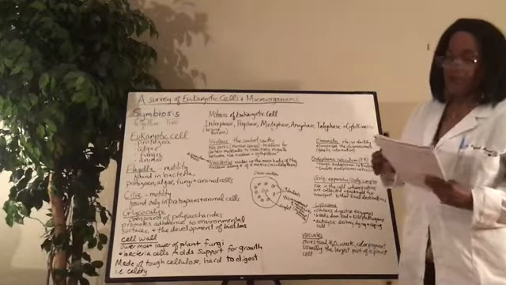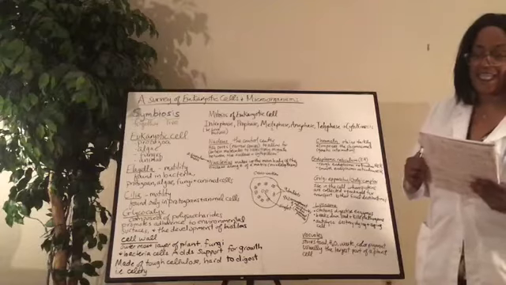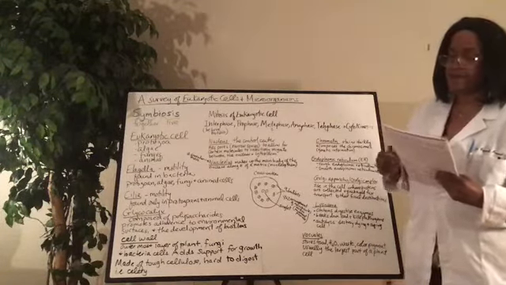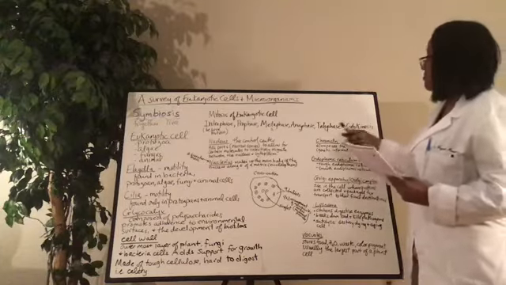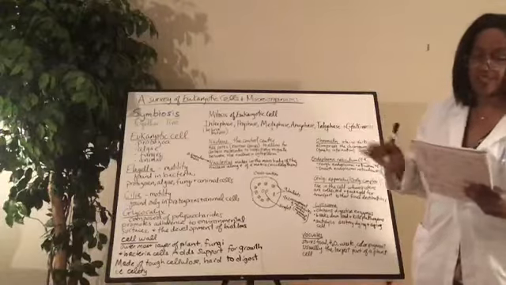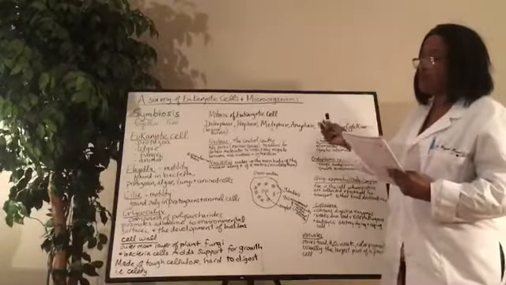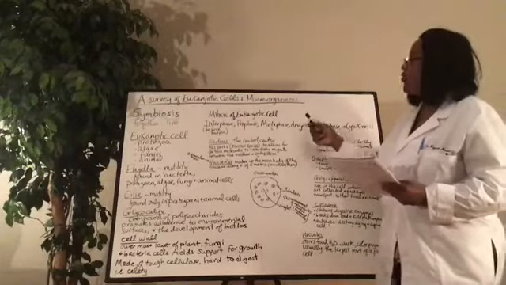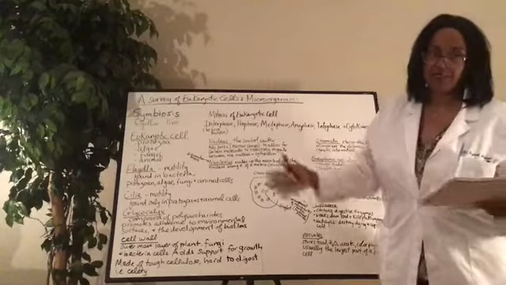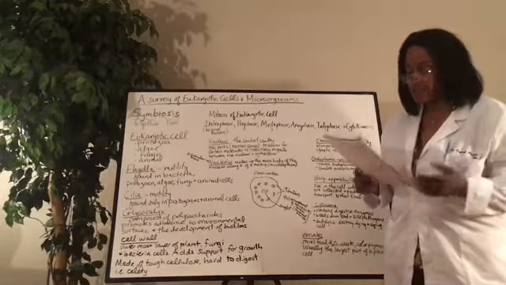Okay, so the process of dividing the cell contents to make 2 new cells. So that's what mitosis is. It creates 2 identical cells from 1 original cell, right? So it takes a parent cell and makes 2 identical cells from that parent cell or the original cell.